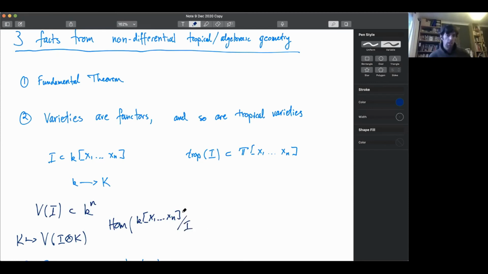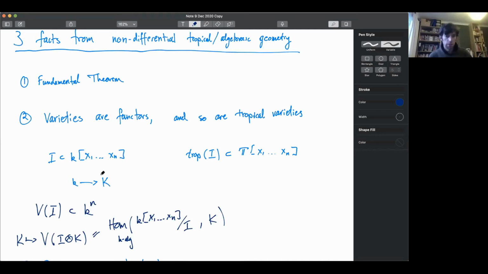We can take the quotient object here and look at homomorphisms of K algebras from this thing into big K. And so this object here, this ring, or this K algebra, represents the functor of solutions to this system of equations over field extensions.